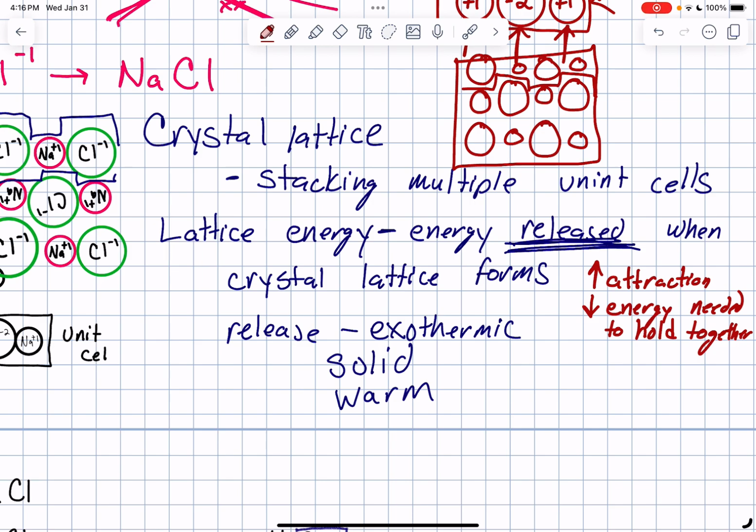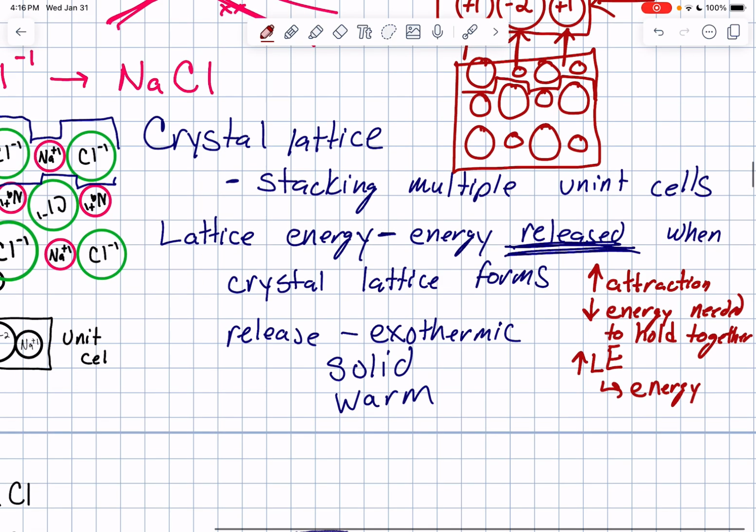This means the higher the attraction, the more lattice energy we will have, because the lattice energy is the energy released when that attraction between ionic compounds forms. So energy released when ionic compounds form.